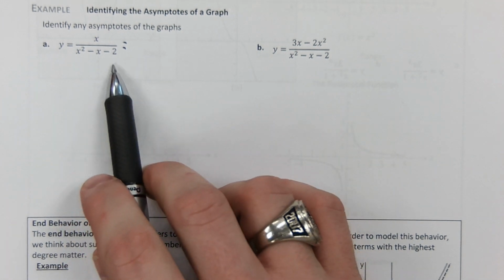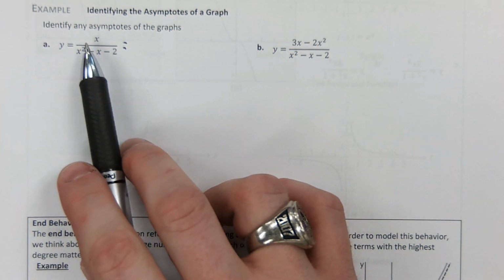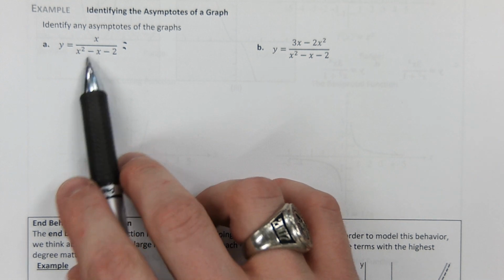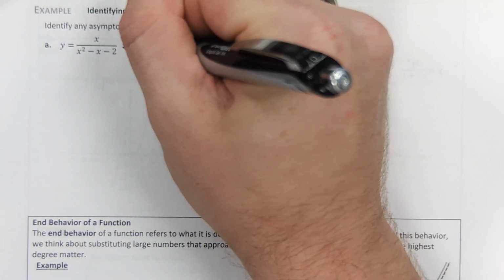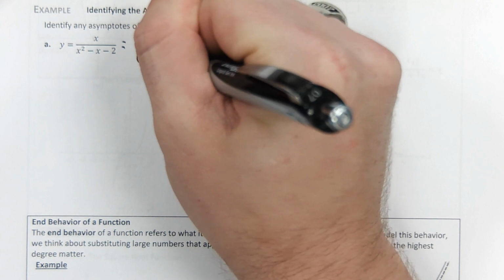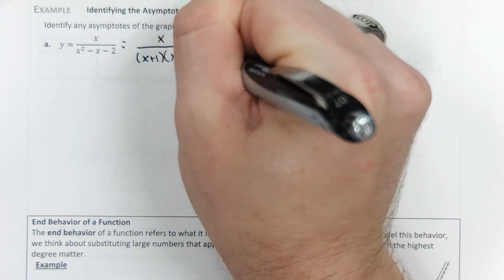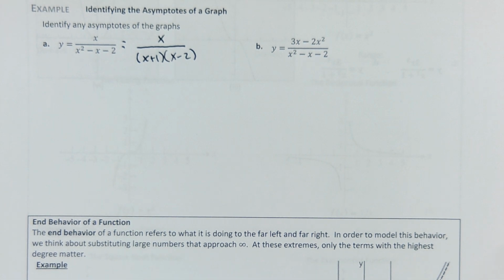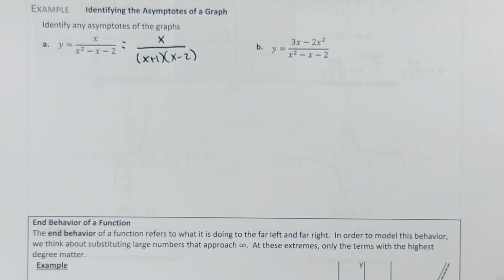The two numbers that will multiply to -2, that'll add to -1 are -2 and +1. As you can see, nothing is going to cancel out. That means I still have 2 numbers that make the denominator equal 0. Both of those numbers are going to generate a vertical asymptote because nothing is canceling out.